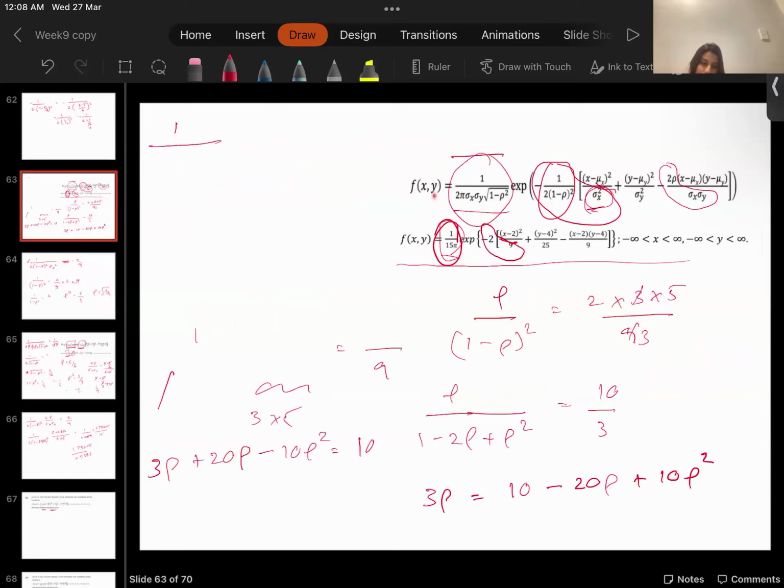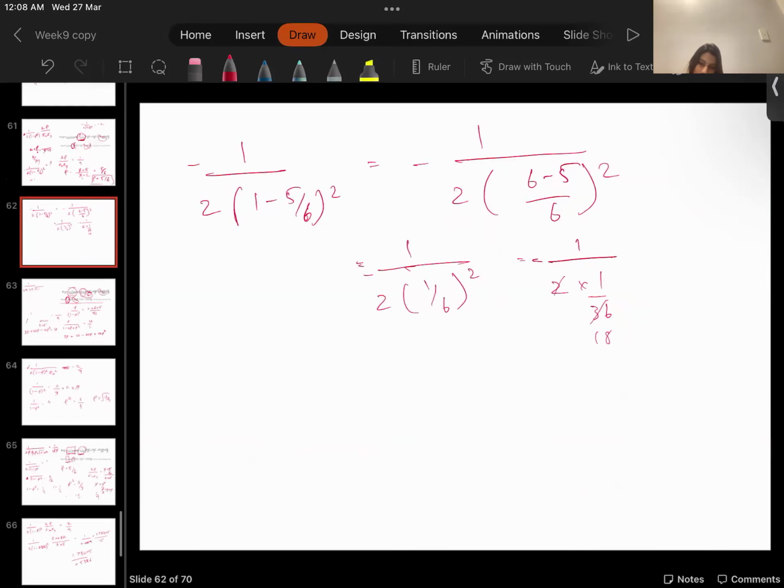2 pi into 3 into 5 into square root of 1 minus rho square.